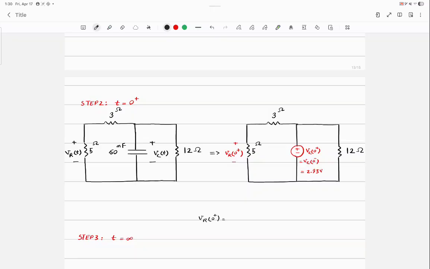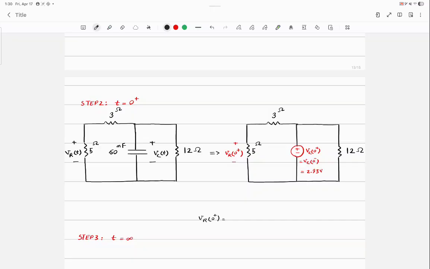You're getting close. First you said 2.93, then you said, oh no. I thought it was parallel. Which element caused that, oh no? The 3 ohm resistance. Okay.